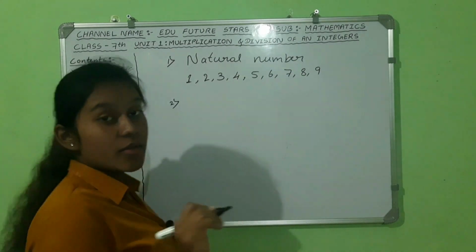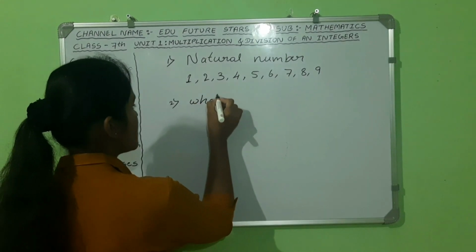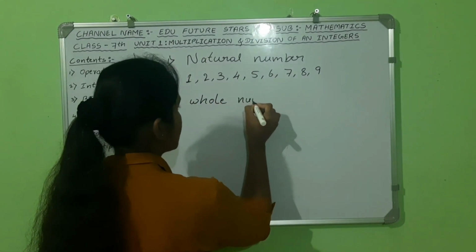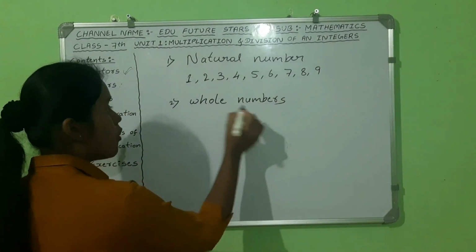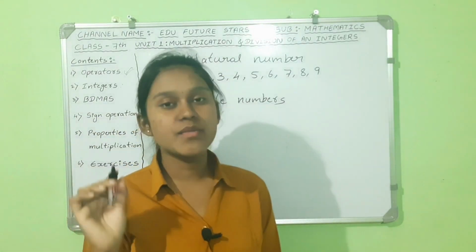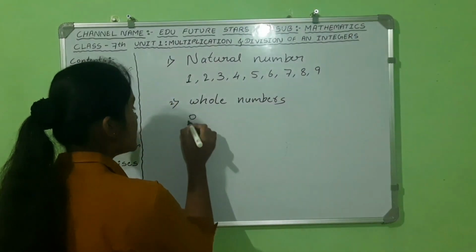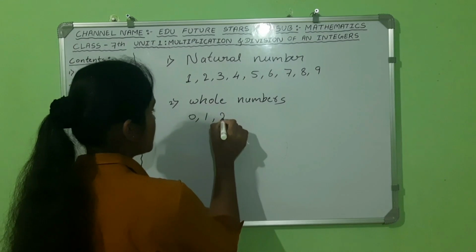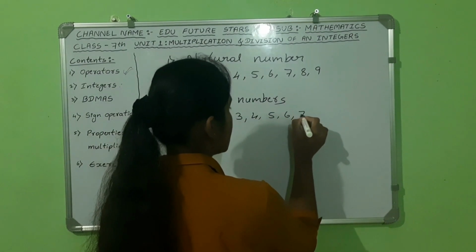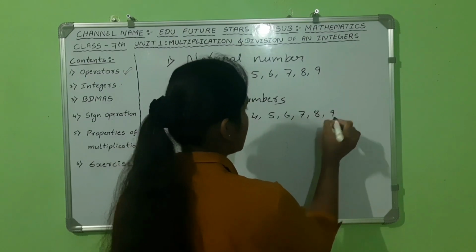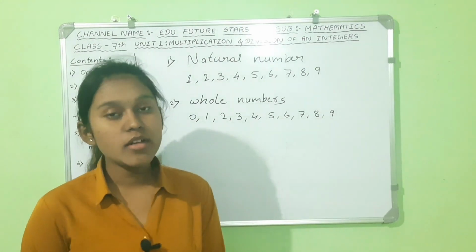Secondly, we have whole numbers. Whole numbers always start with 0. 0 to 9 we call whole numbers, including 0: 0, 1, 2, 3, 4, 5, 6, 7, 8, 9. So these 10 numbers are called whole numbers.